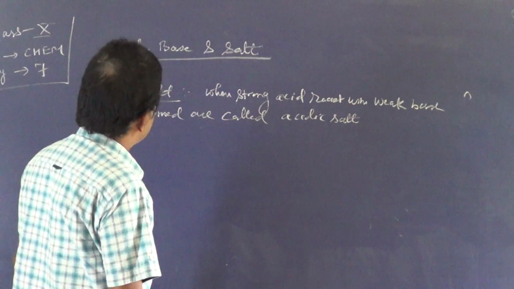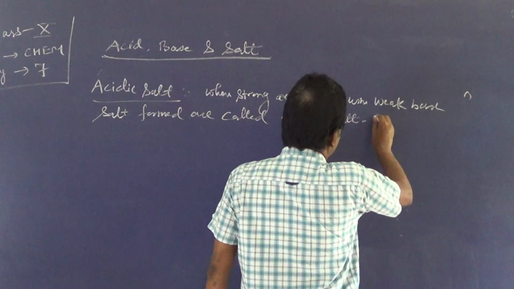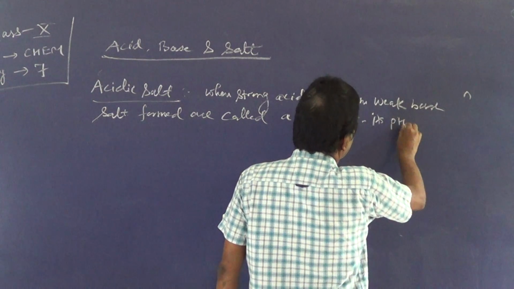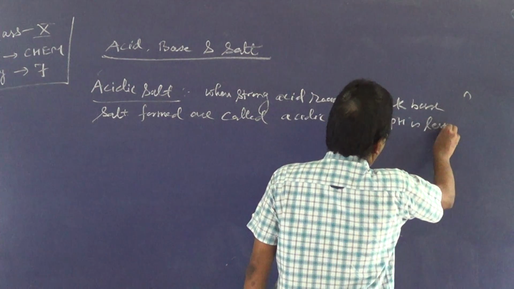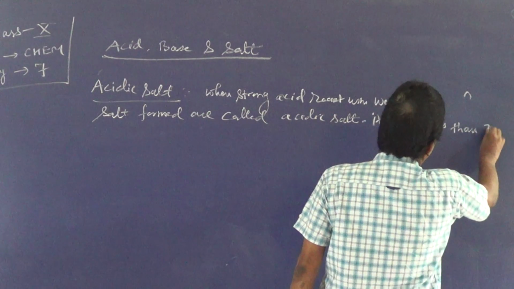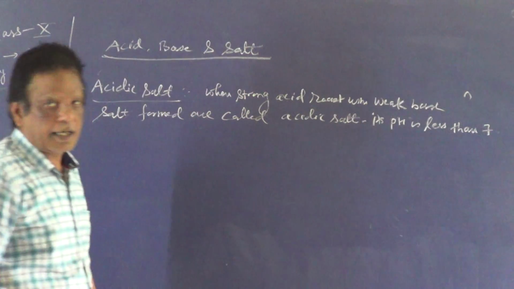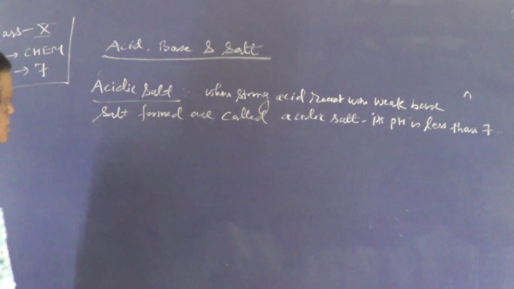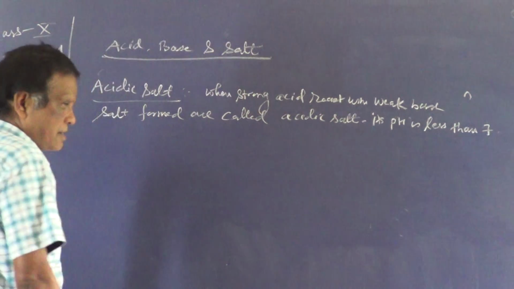Its pH is less than 7. Okay, these salts are called acidic salt. Just see the examples of acidic salt.